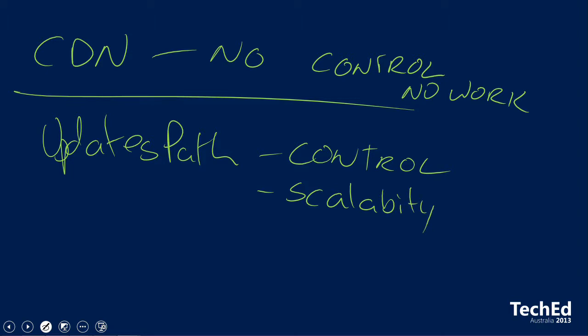What I mean by that is that if you have 200 sites out there and you don't have a DFS infrastructure in place or some kind of ability to move those Office builds out to somewhere local and appropriate for those machines, then that might not give you the scalability that you need to get your updates done efficiently.